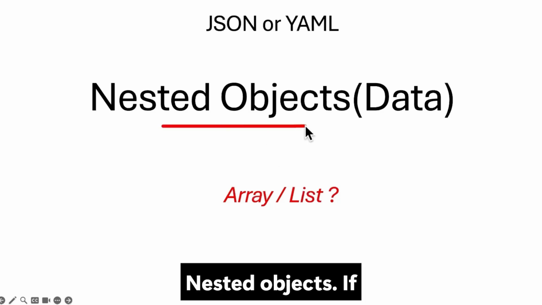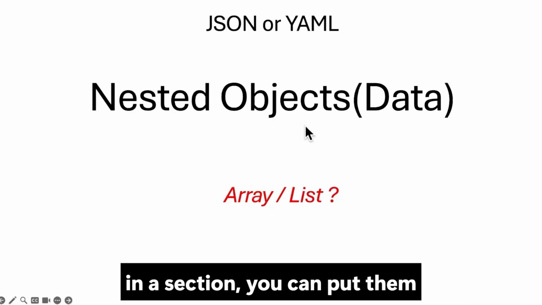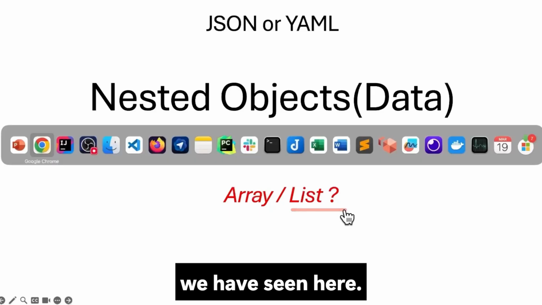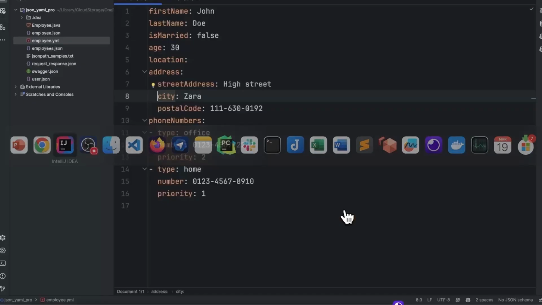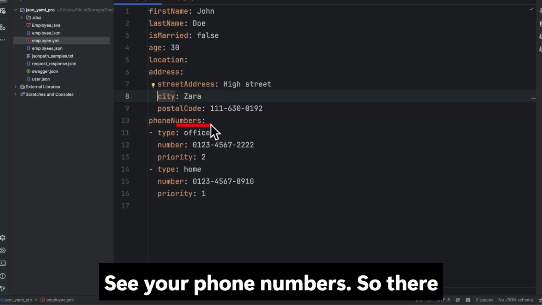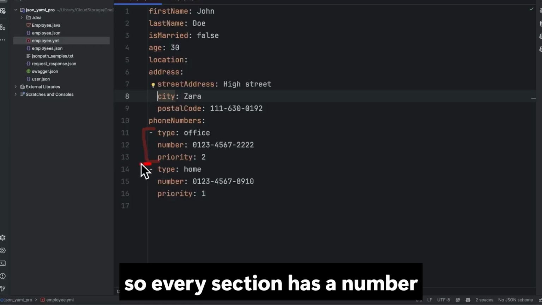Nested objects. If you want to put multiple similar objects in a section, you can put them as an array or a list, as we have seen here. See here, phone numbers. So there are multiple sections repeating here.